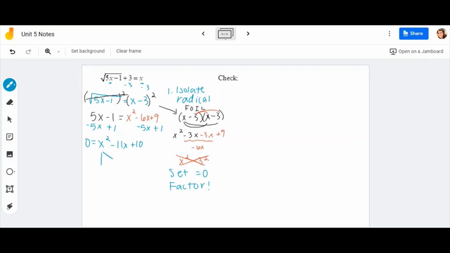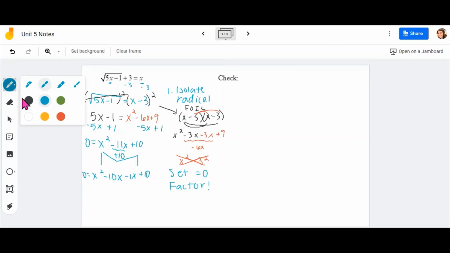So since we've got a trinomial, we can do the M method and multiply the first and last terms. And it looks like we're looking for magic numbers that multiply to positive 10 and add to negative 11. So I'm going to try negative 10 and negative 1. And then I bring down the last term and the first term.